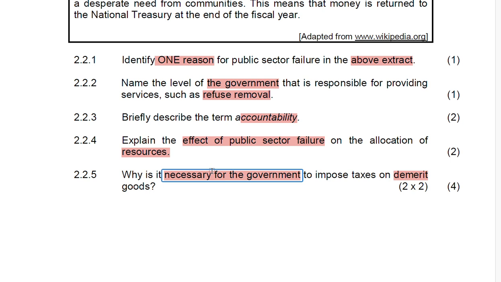And then the third point will be to raise revenue that can be used to finance the provision of public services. As I've already stated, if people are consuming alcohol, the number of road accidents might increase. And when road accidents increase, what does that mean?